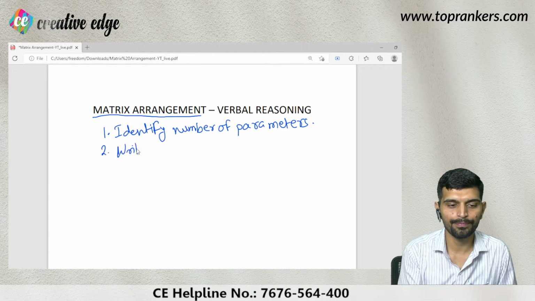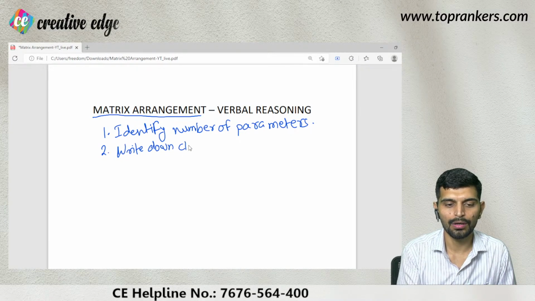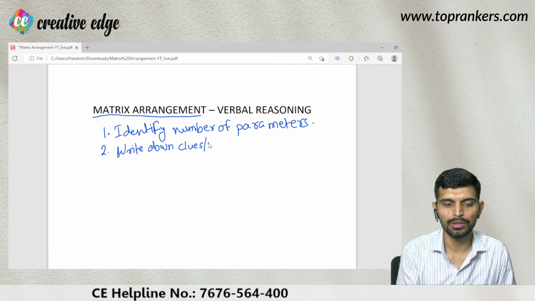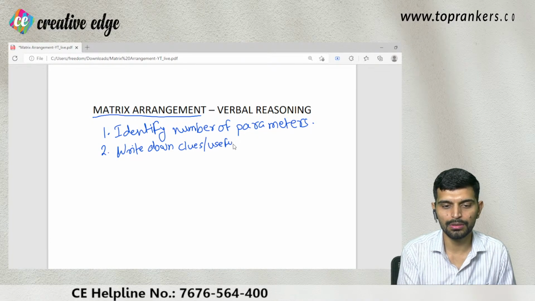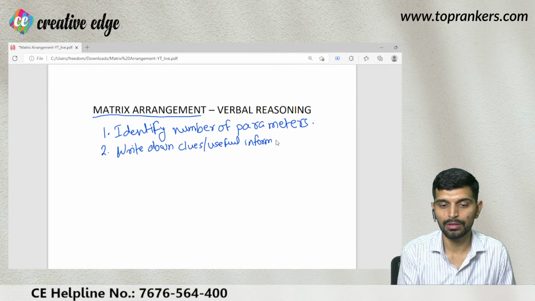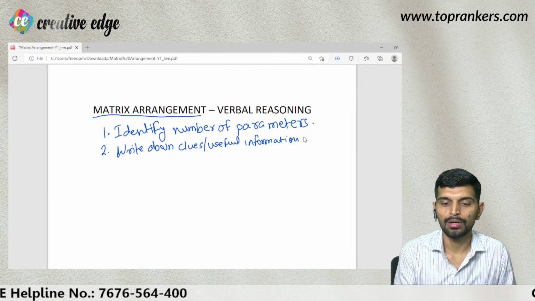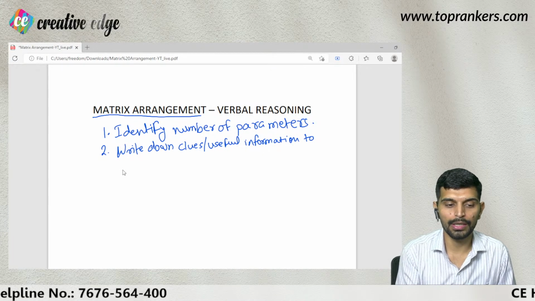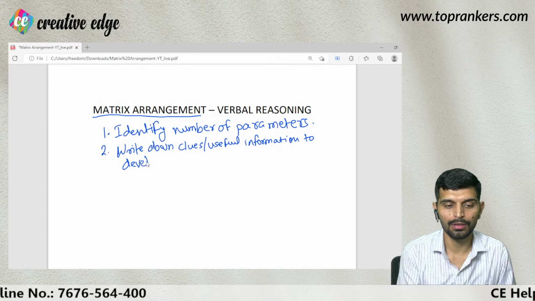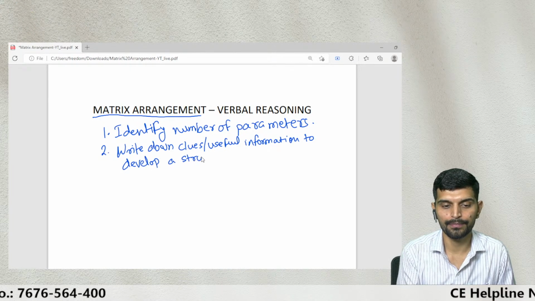Write down clues, useful information to develop a structure.